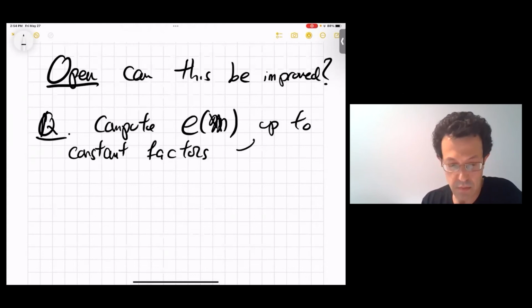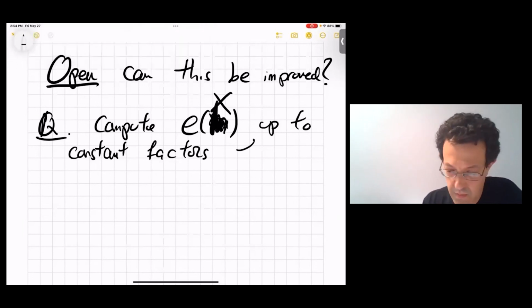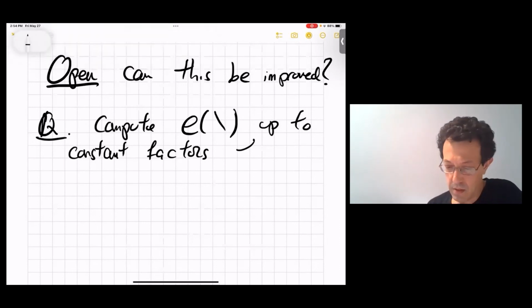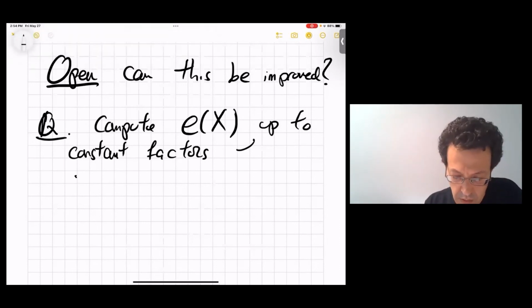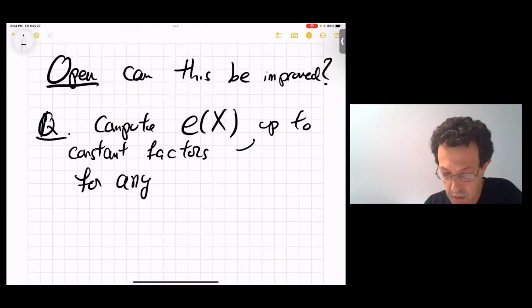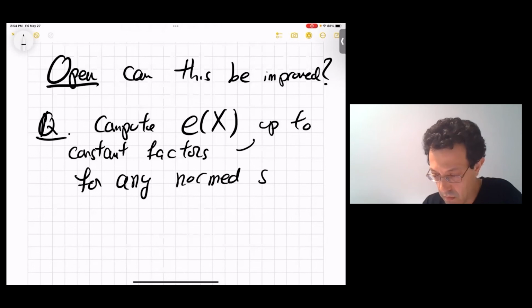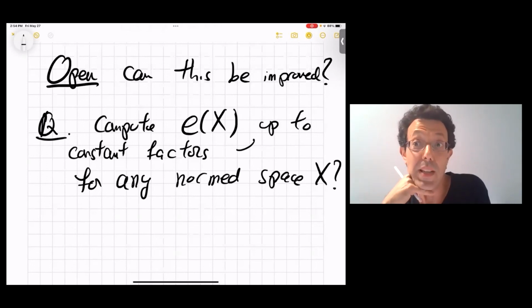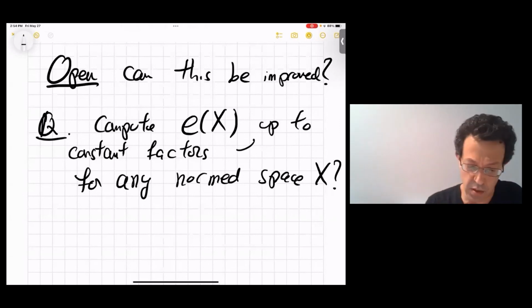X is again an n-dimensional normed space, for any normed space. It's really a sequence of normed spaces going to infinity. Really not a single sequence of normed spaces was this computed for.